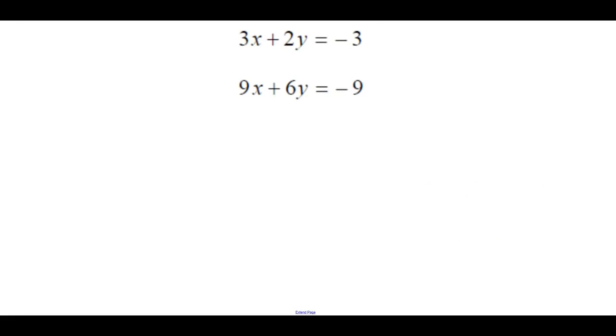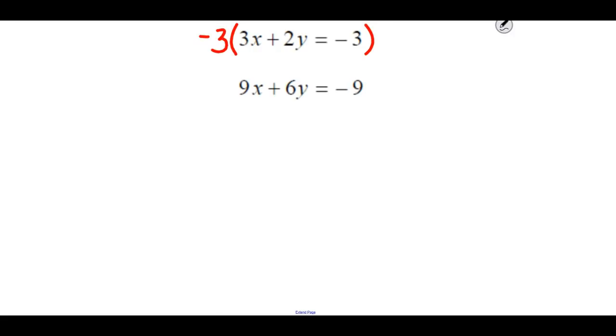Here we go. So I'm going to pick y. 2 does go into 6. So I don't have to multiply anything times the bottom one because 2 goes into 6. The 6 is going to stay. So I'm just going to multiply the top one times a negative 3.